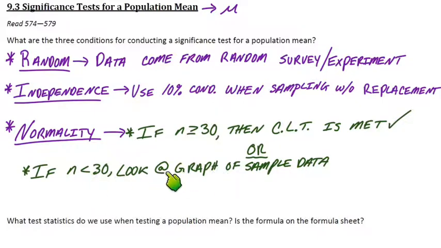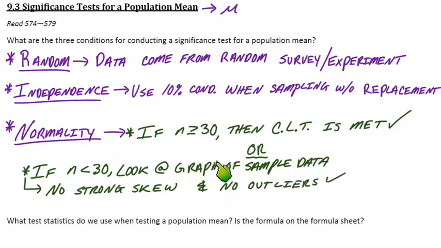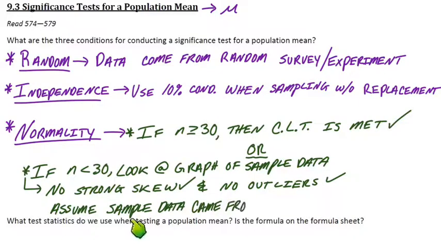You're going to have to look at the graph of the sample data and provide some evidence, right? So you might have to construct a little graph yourself, like a dot plot, for example, and report back and say, look, I didn't see any strong skew, I didn't see any outliers, so I wasn't overly offended by this graph. We're going to go ahead and make the assumption that this sample data came from a normal parent population.